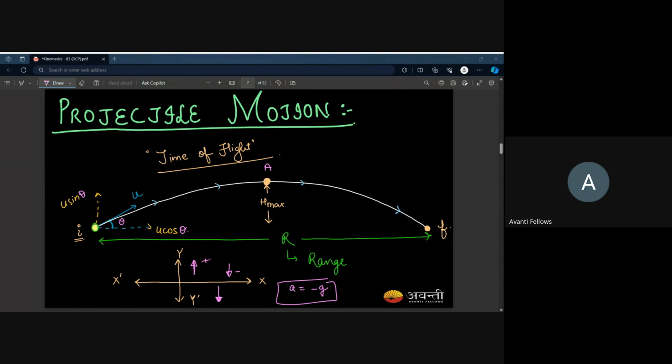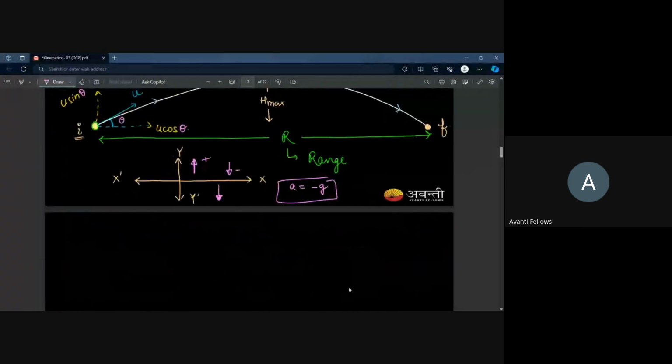So use equations of motion and try to calculate the time of flight, range, and maximum height. I'm going to help you a little bit more. See, divide this motion into two directions, into two dimensions. Just wait a minute.